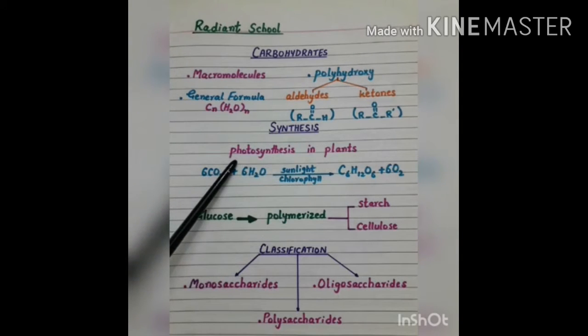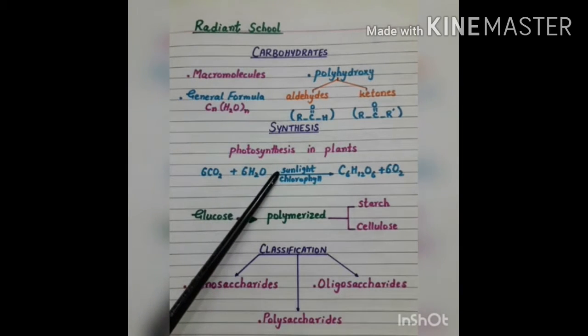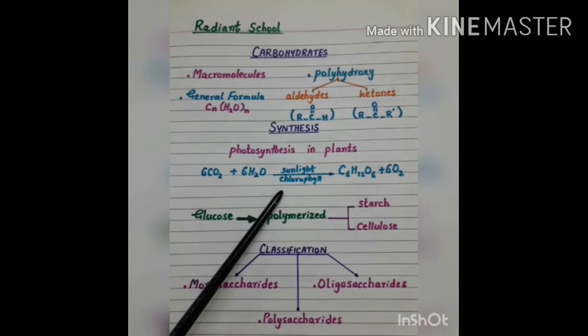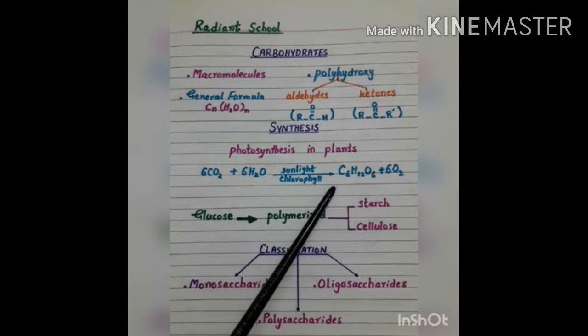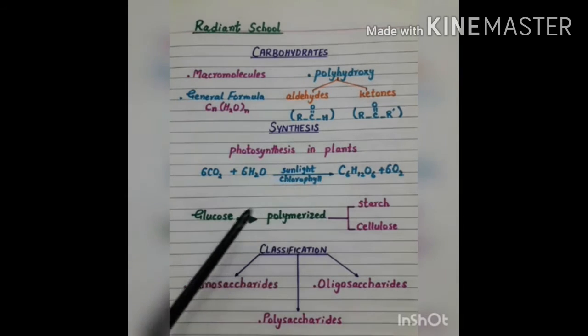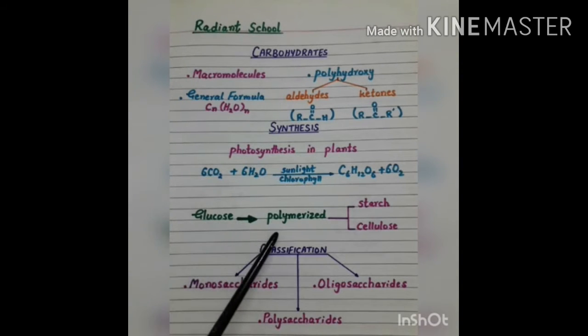Photosynthesis is the process in which carbon dioxide reacts with water in the presence of sunlight and a green pigment, chlorophyll, and forms glucose and oxygen. This glucose is the basic unit of carbohydrates. This basic unit of glucose polymerizes to form starch and cellulose.